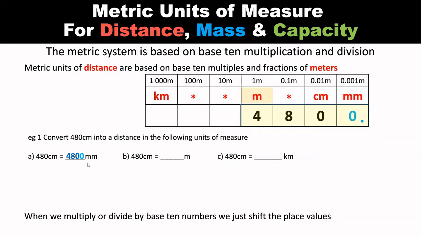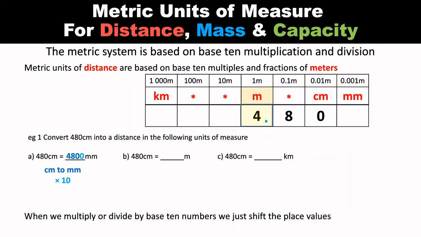4,800 millimeters. Now you may be used to doing this simply by knowing that your centimeters to millimeter conversion is to multiply by 10. And if you continue doing it that way, that's just fine. But let's continue to see how this magic trick can work to convert between centimeters and meters. Again, 480 centimeters to meters. Right now, the centimeters is my unit position. If I want to make my unit position in the meters place, I'll need to put the decimal point directly after the value in the units position, so directly after the 4.